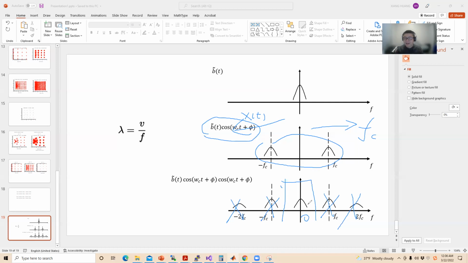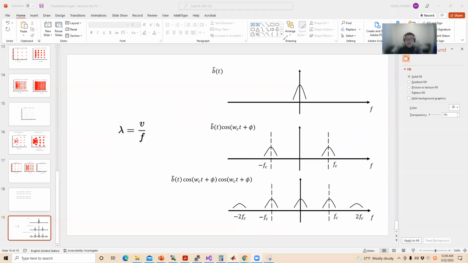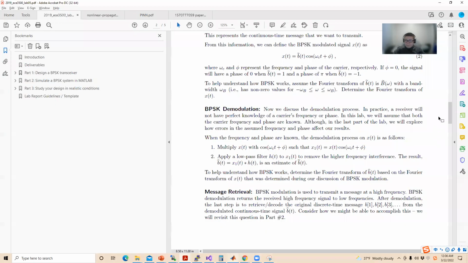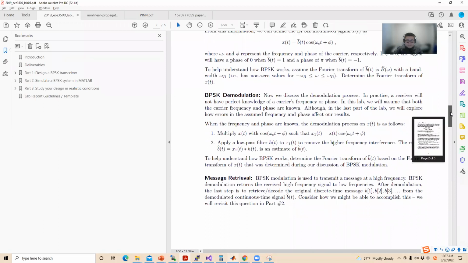We just design a low pass filter that only covers the low frequency information and removes the high frequency information. So that's what we need to do.